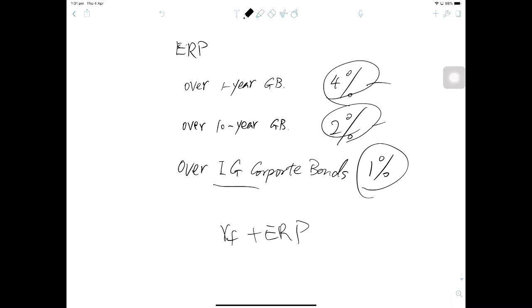Yes. So the investment horizon is long-term. You probably want to have an equity risk premium based on long-term government bonds. So here we just happen to have a 10-year government bond, and the investment horizon is at least 10 years. What if the investor's investment horizon is 30 years or 50 years, for someone in your age bracket?